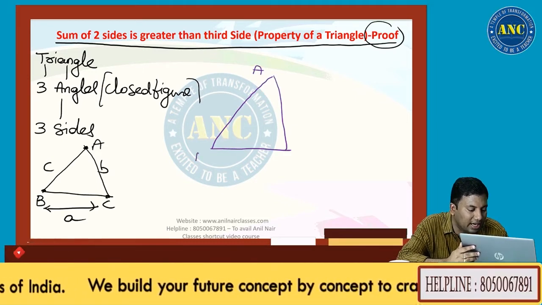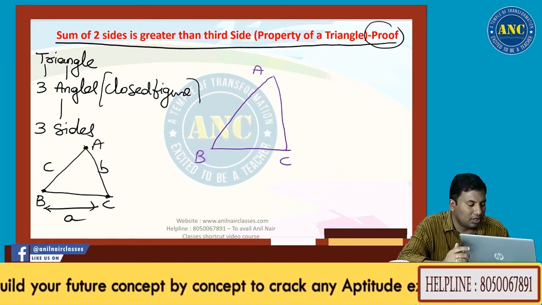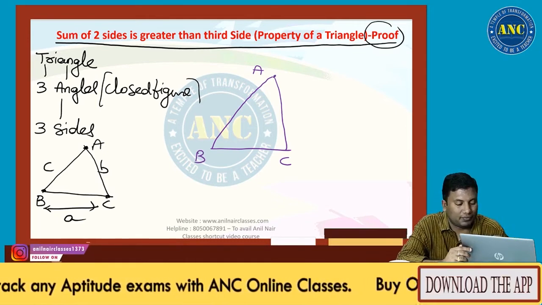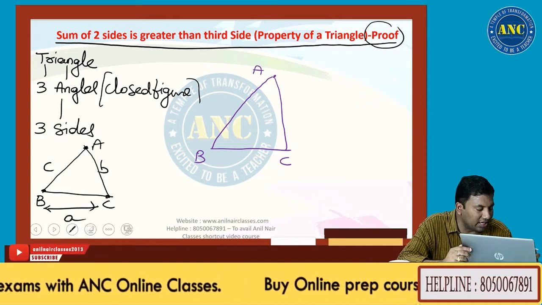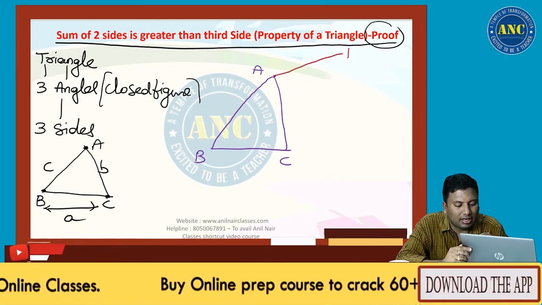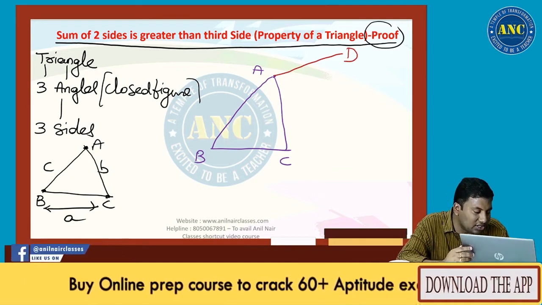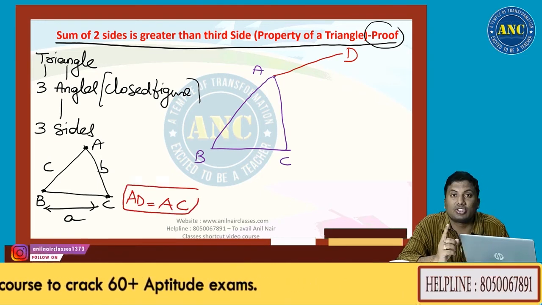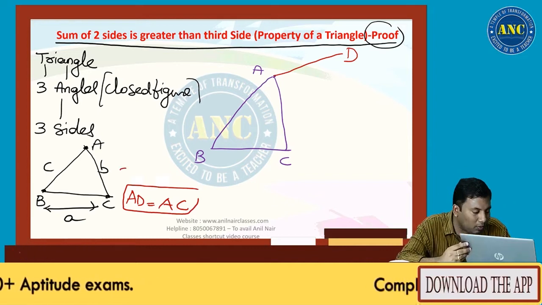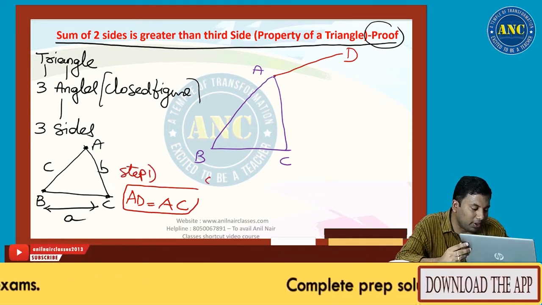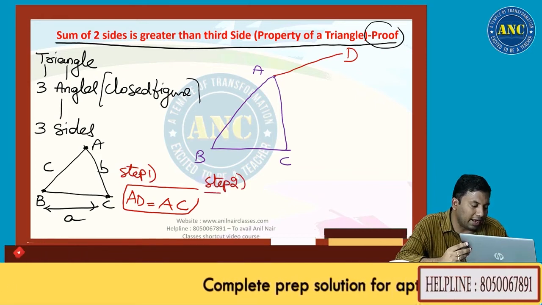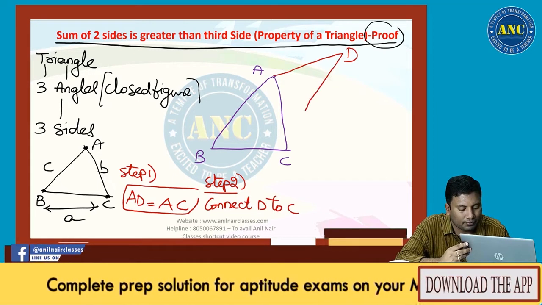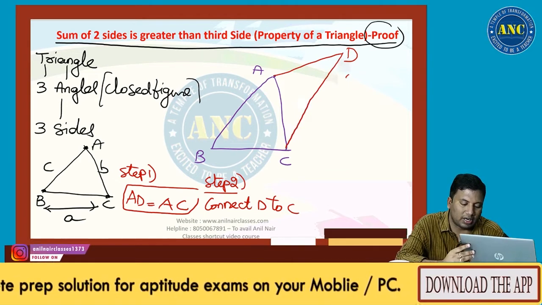Suppose I take triangle ABC, and there is a side AC. Step number 1: extend and draw a line from A to D such that AD is equal to AC. Step number 2: connect D to C.